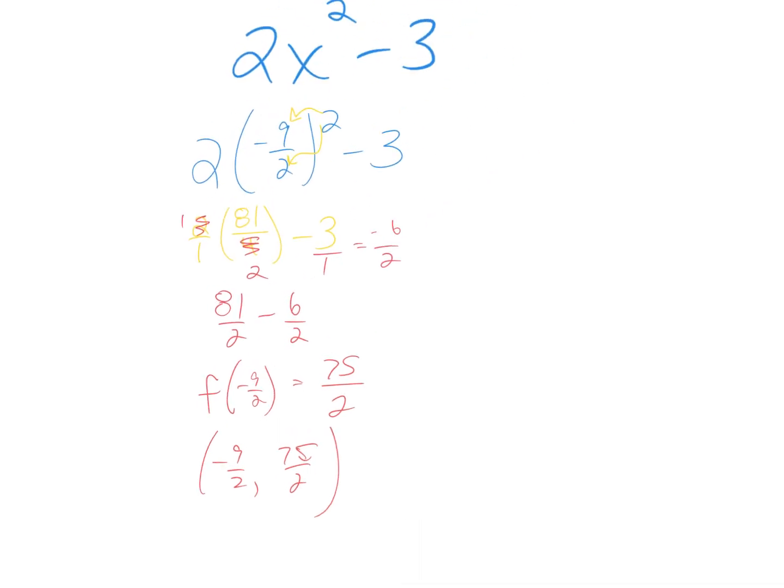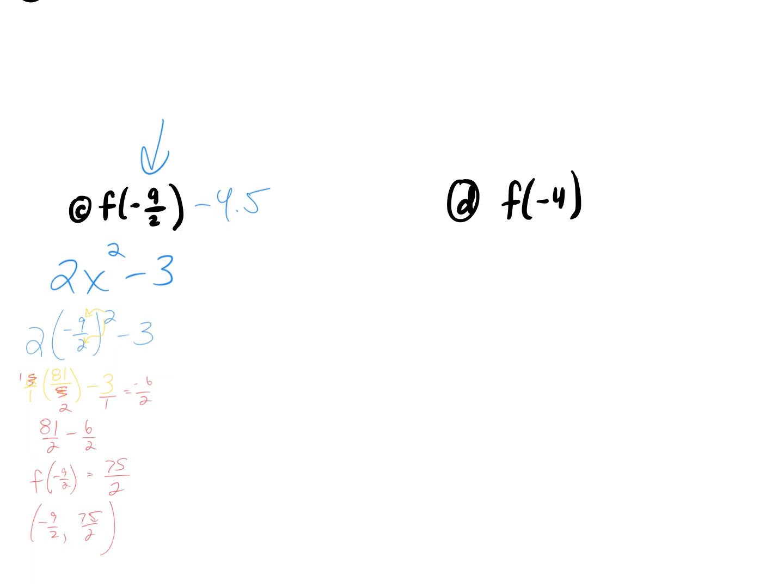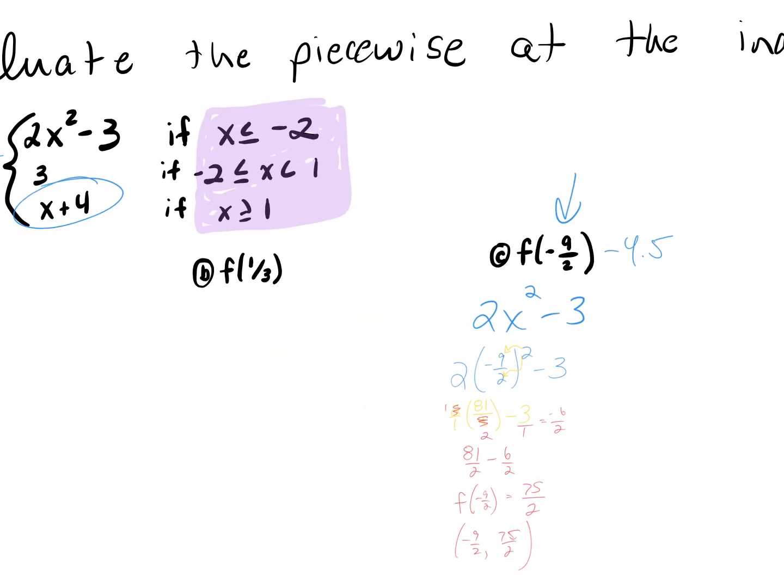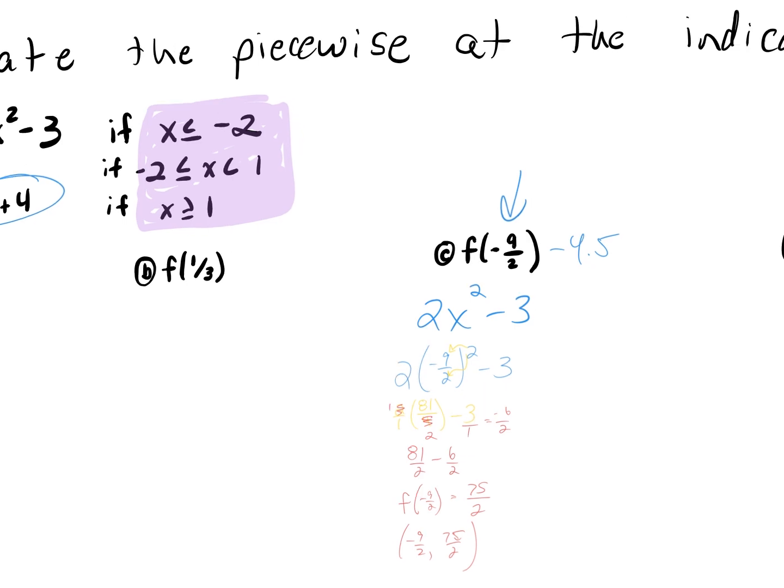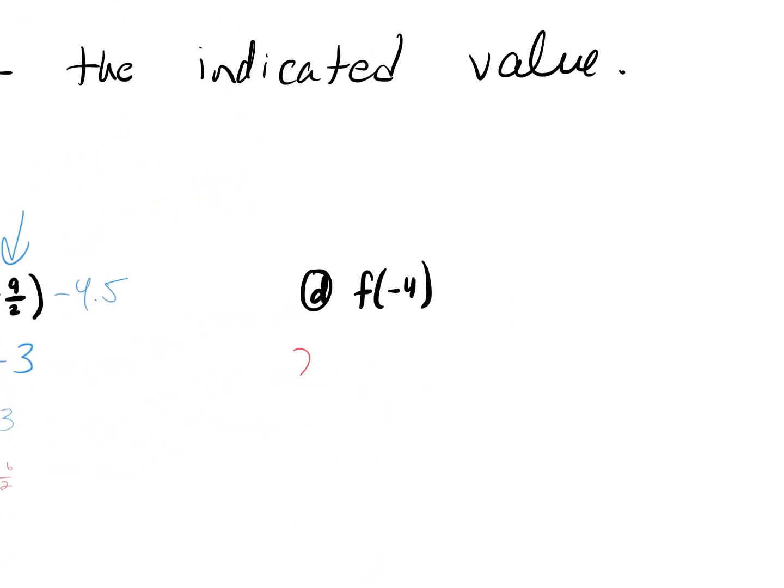All right, look at this one. Negative 4. Where does negative 4 fall in the rules? Is it less than or equal to negative 2? Is it greater than 1? What is it? It's less than. So I'm going to use the top one again, 2x squared minus 3. So I'm going to say, okay, 2 times negative 4 squared minus 3.